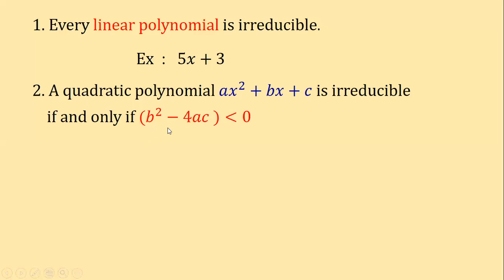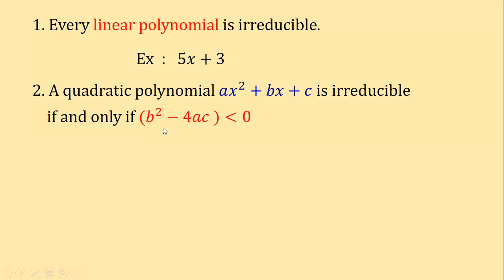While finding the nature of the roots, we used this formula. So b square minus 4ac, if it is less than 0, that means if the discriminant value is less than 0 for the given quadratic polynomial, then we say that the quadratic polynomial is irreducible. So whenever a quadratic polynomial is given to you, we can verify.